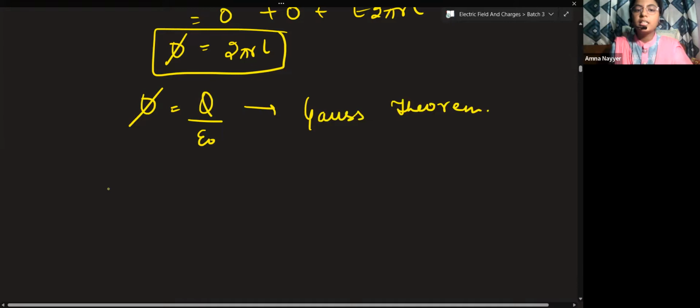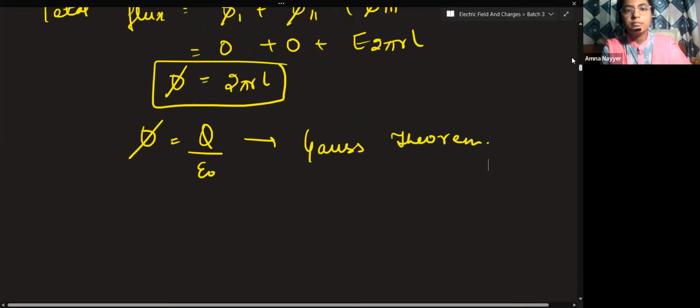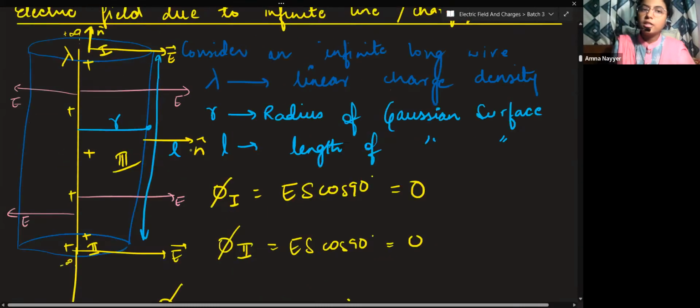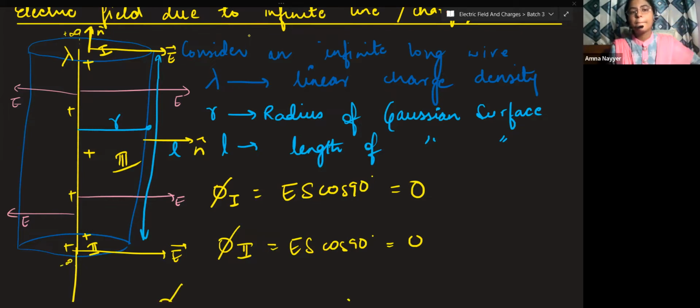Now, if this charge is Q, lambda is the linear charge density, and L is the length of this wire. Reem, tell us what will be the value of lambda, the linear charge density?